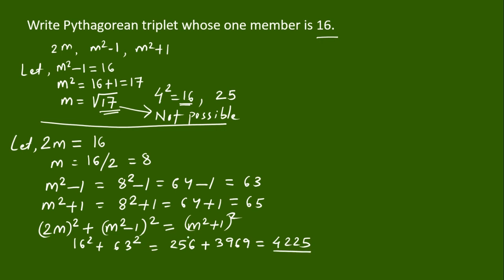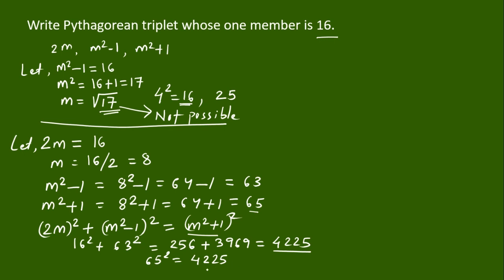Now let's find out the right hand side. On the right hand side we have m square plus 1 whole square. So our m square plus 1 is how much? 65. So 65 whole square is equal to how much? That is equal to 4225, that I have already found out.